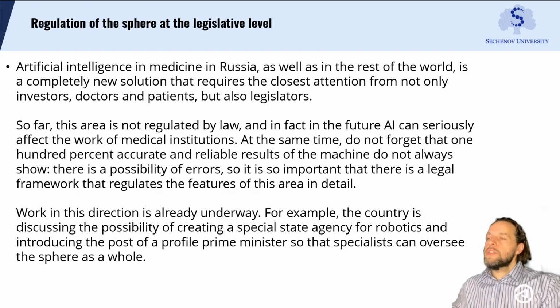There are a lot of questions in discussion currently about regulations for artificial intelligence in medicine application, and for example, who's responsible for decisions made by an AI system. Is it the patient? Is it the clinic or the owner of this AI system?